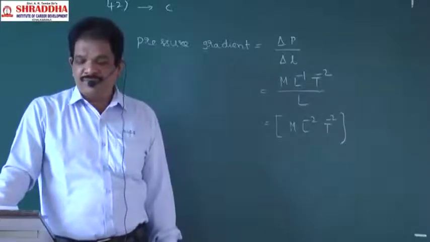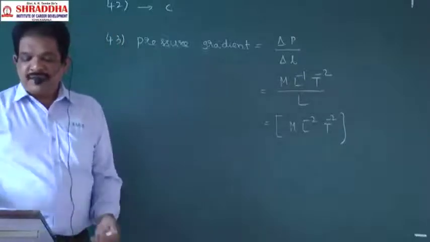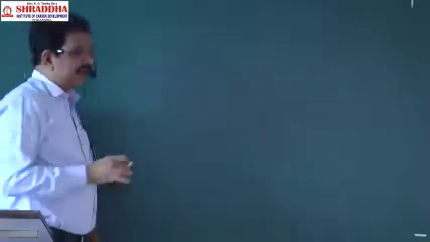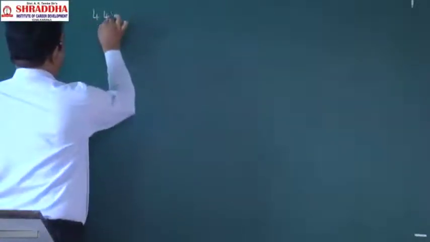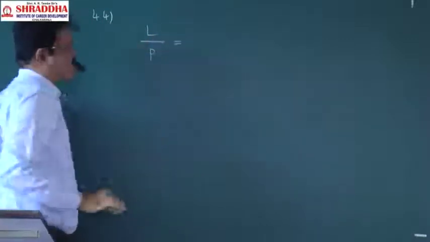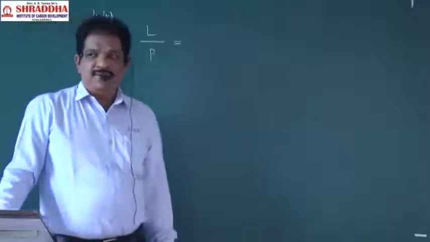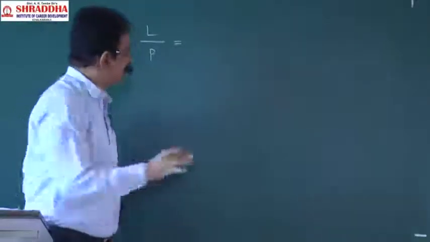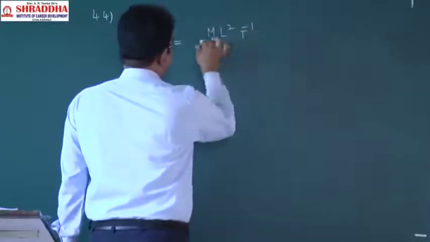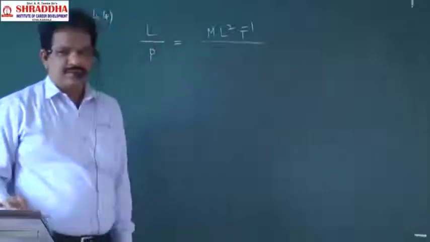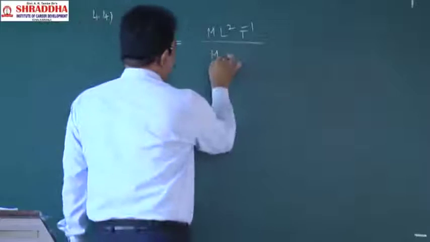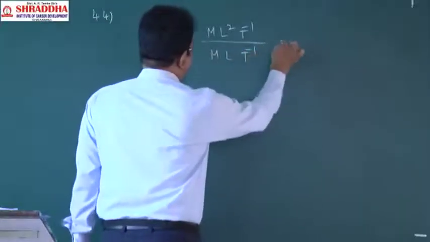Next, 44. Dimensional formula for the ratio of angular momentum to linear momentum. What is the dimensional formula? Angular momentum dimensional formula will be M L square T power minus 1. Linear momentum dimensional formula is M L T power minus 1.